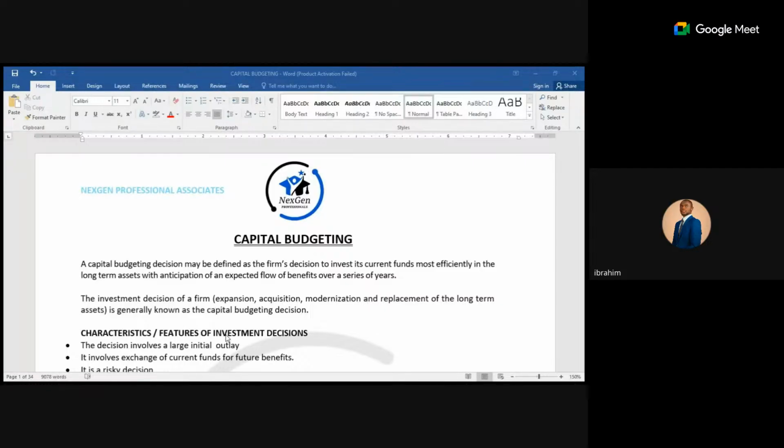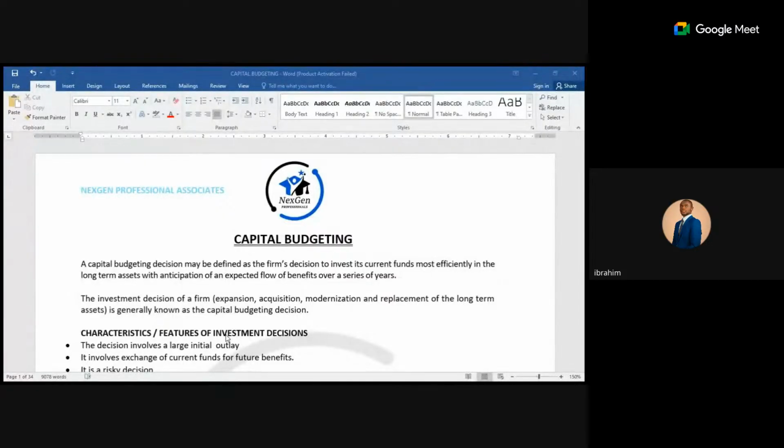Now, what leads us to capital budgeting or investment appraisal is still the function of a financial manager. As a financial manager, you need to identify a capital investment project that is viable. When you identify a project that is viable, which is the investment decision, then you need to look at how do we source for this finance?